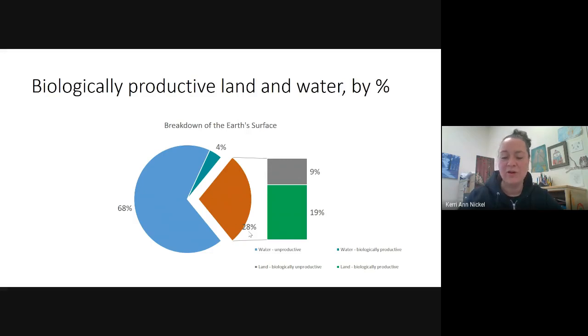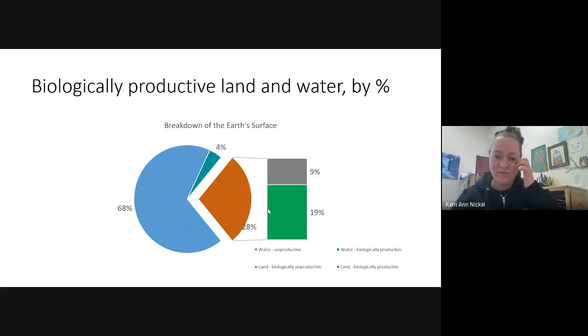So that's when you take out all the lakes and rivers and things like that. But even out of that, 9% of that land includes things like deserts, things that are not very useful for us to grow and get resources from. So only 19% of that land is actually biologically productive for us.